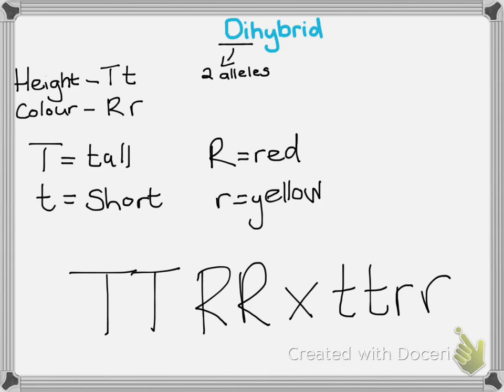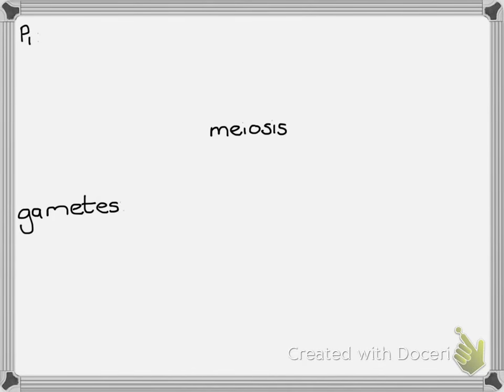And so if we were to take our parental alleles, like the ones I've put below here, we are going to have a tall red individual with a short yellow individual. If we were to put that into our genetic cross, it would look something like this. So we have our first parent, who is tall and red, multiplied with our short and yellow parent.